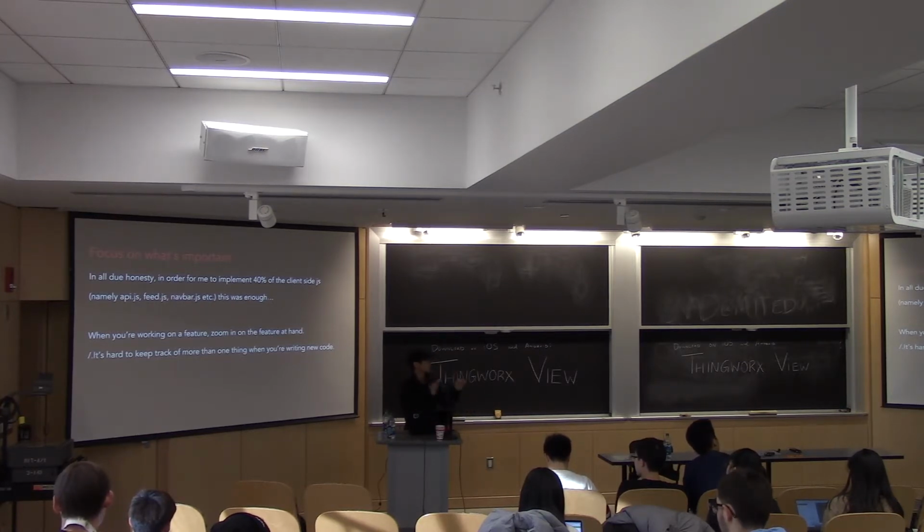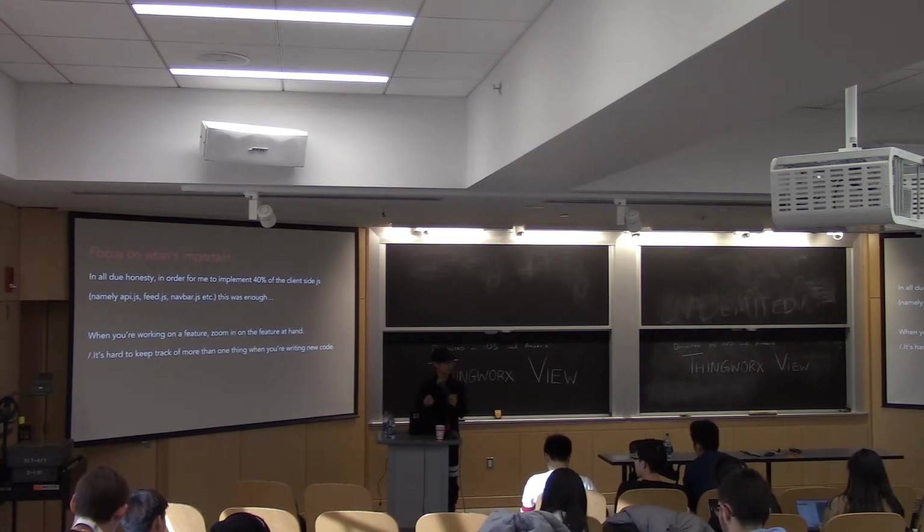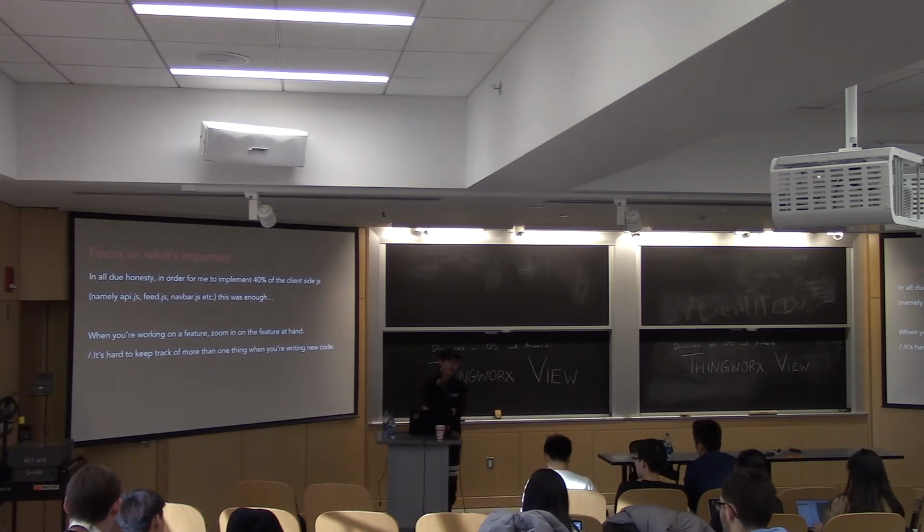It's hard to keep track of more than one thing when you're writing new code to implement a new feature. When you're trying to render something you're fetching from the server, you're like, okay, I just need to make an HTML div element and dump all the data into this div, and I'll be done. That's very simple, very straightforward.